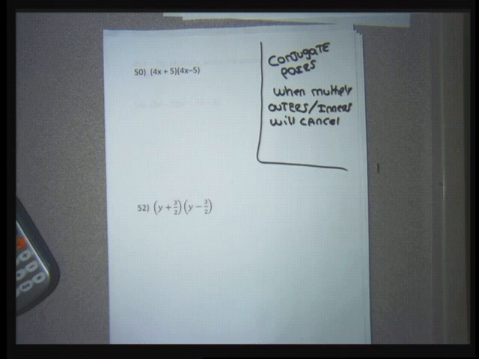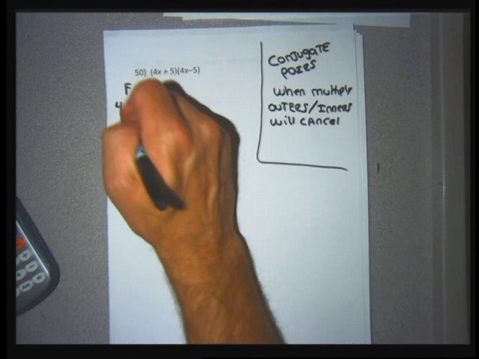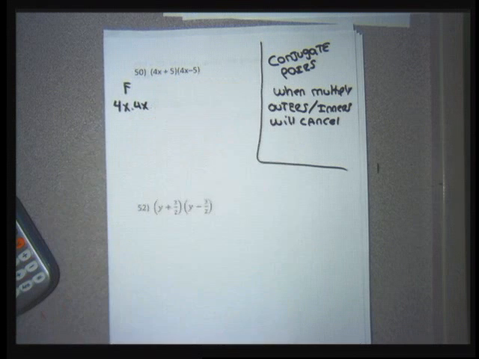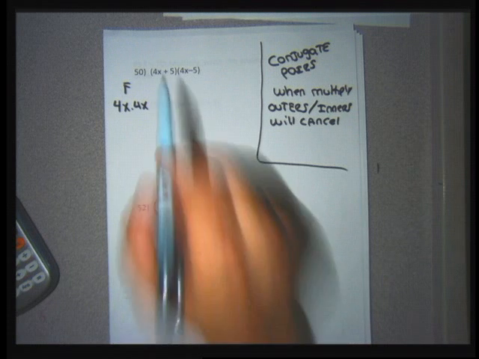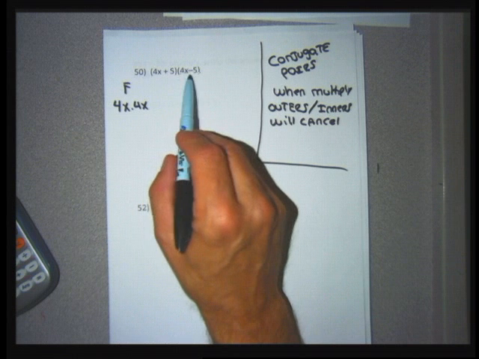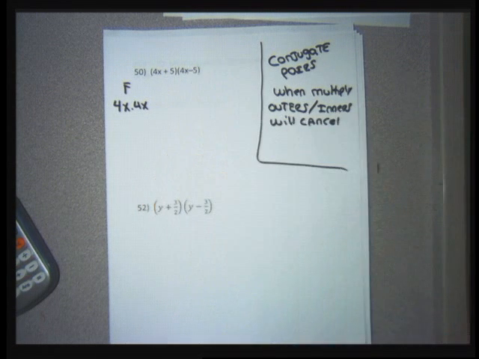But anytime I'm multiplying conjugate pairs, you can do a full-out FOIL, but you should expect your answer to not have the outers and the inners, because those always cancel when you multiply conjugate pairs. Again, these are conjugate pairs because both parentheses have the binomial 4x and 5, and to make them conjugates means they have opposite signs.